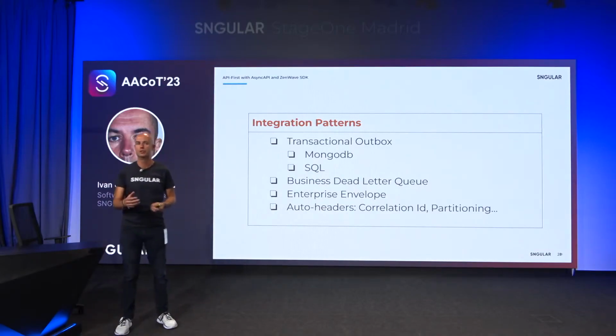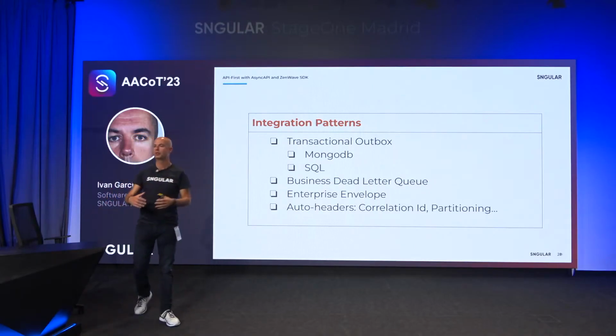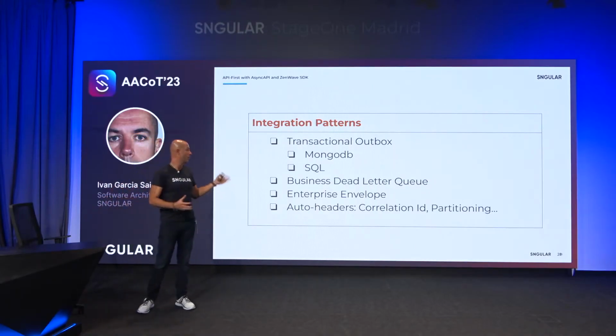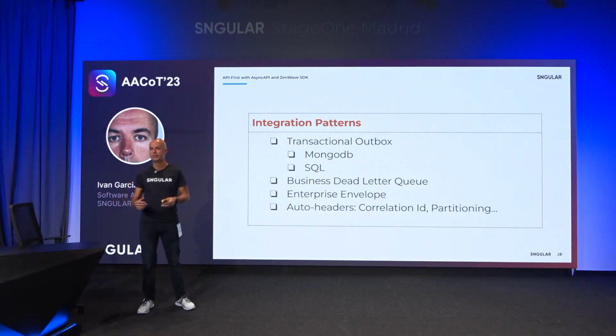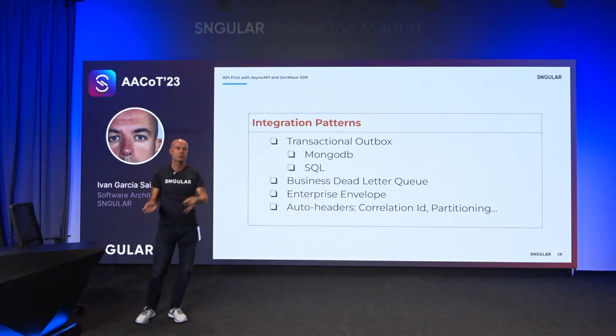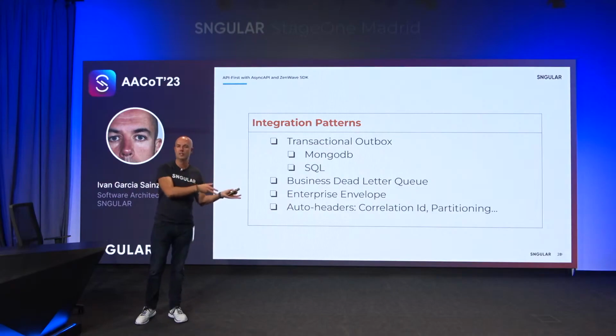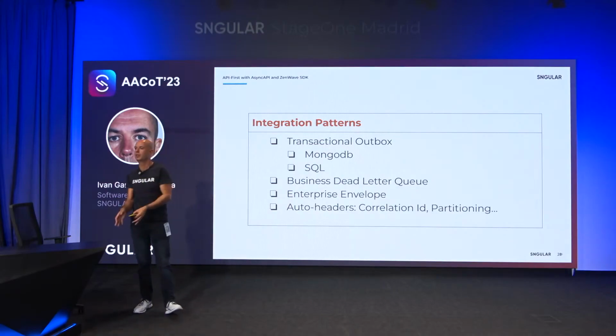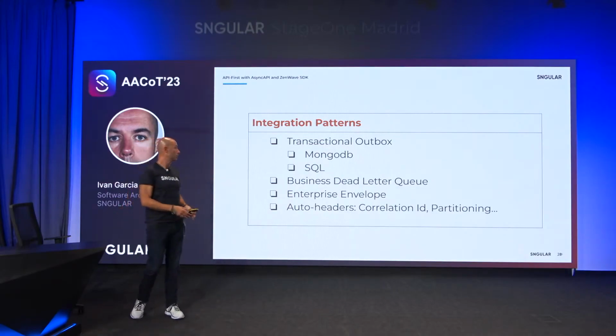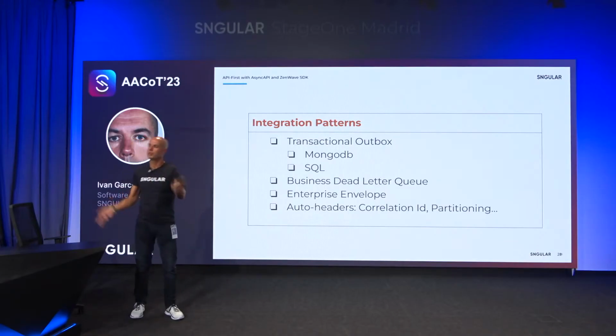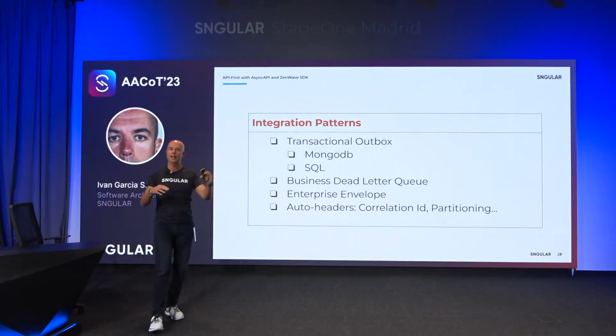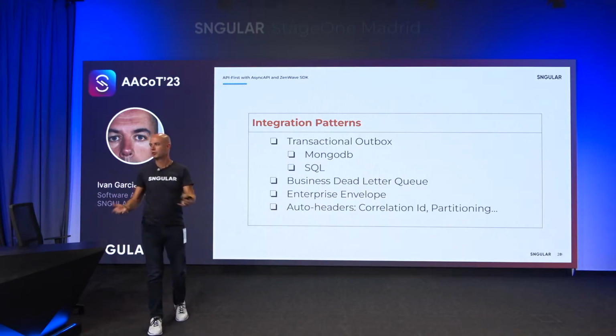And for instance, if you want to send a message to a Kafka broker and you are using a MongoDB data store, if you store your data in MongoDB and then you send your message and the sending to the broker fails, but you already committed to MongoDB, you have a problem. If you invert the operations and there is a problem in the second commit, you also have a problem.